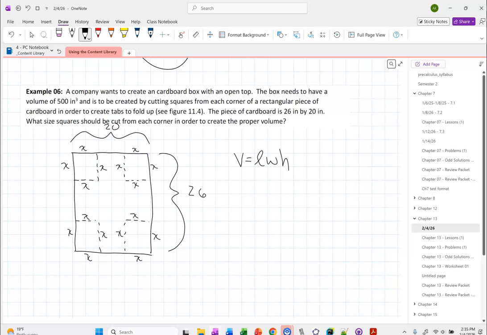How many different variables is that for the volume? 3. How many variables do I want it to have? 1. So I'm going to need to eliminate some of these variables. If I think about this, the length of this box is going to be like this side, right? Just that little section.